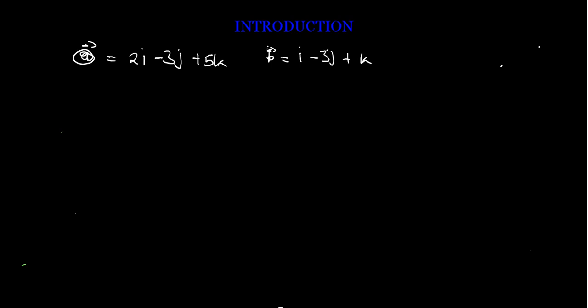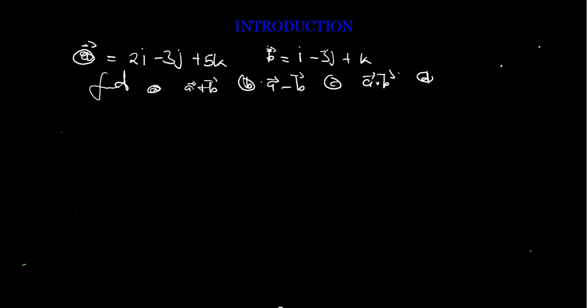Now I'll ask you: find A plus B; then find A minus B; for C, find A dot B, which is the dot product; then for D, find the angle between A and B. So we start with A. How do you find A plus B? For this one, it is direct: you just add.